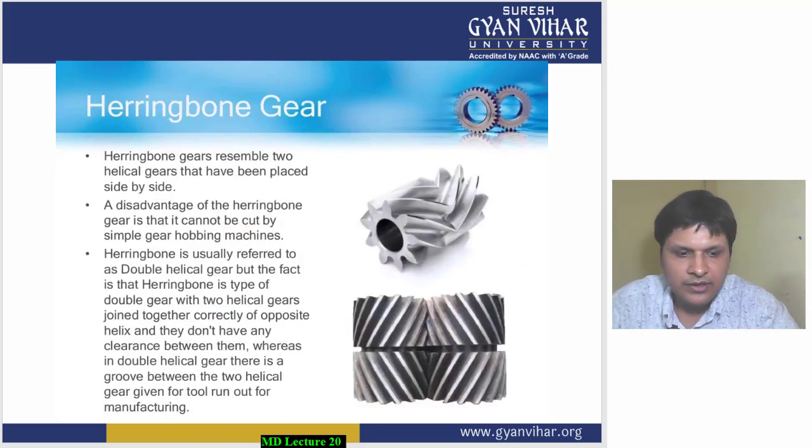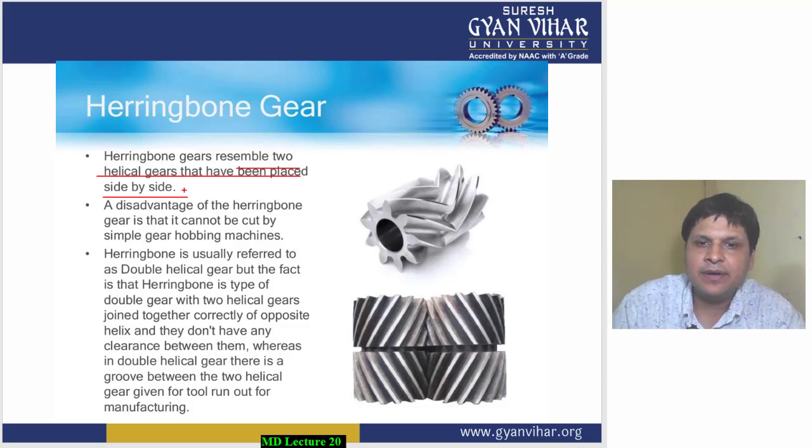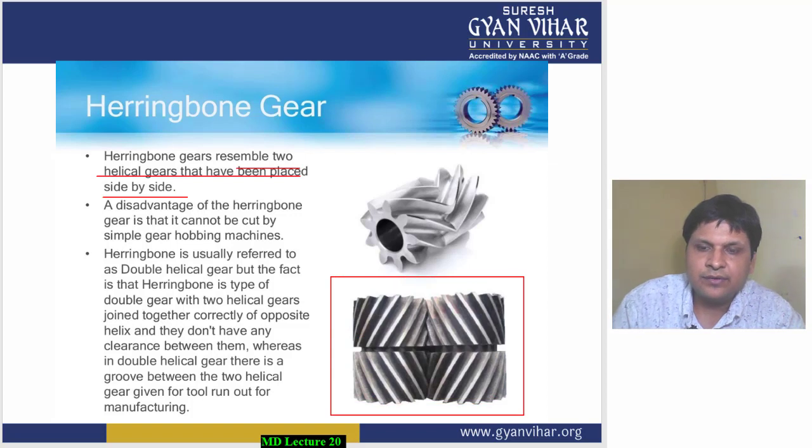Now, herringbone gears, as I have told you, resemble two helical gears placed side by side. The problem with herringbone gear is that it cannot be cut by simple gear hobbing machines. As you can see in this actual diagram of double helical gearing, these types of gears cannot be machined with the help of simple gear hobbing machines.